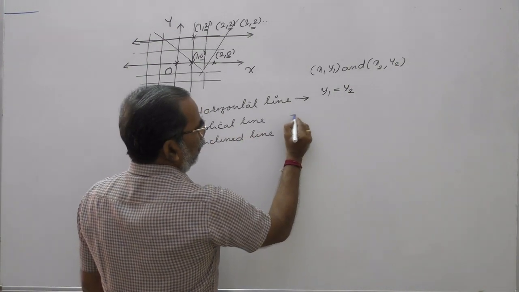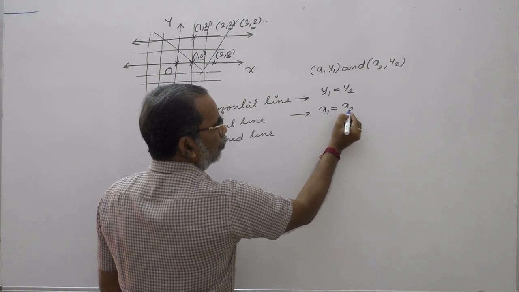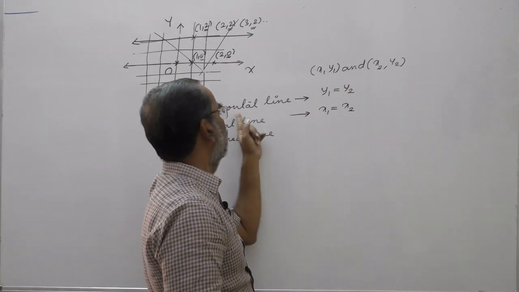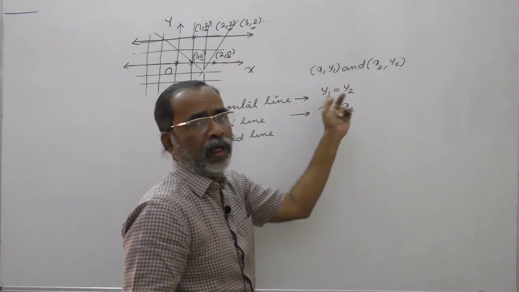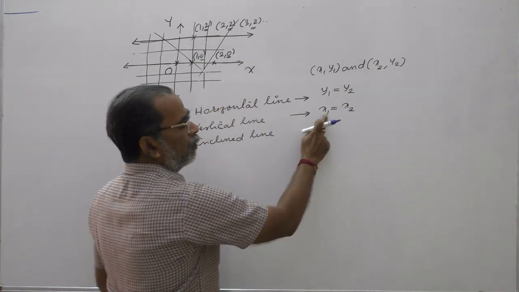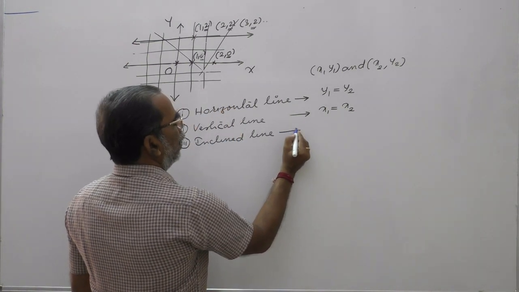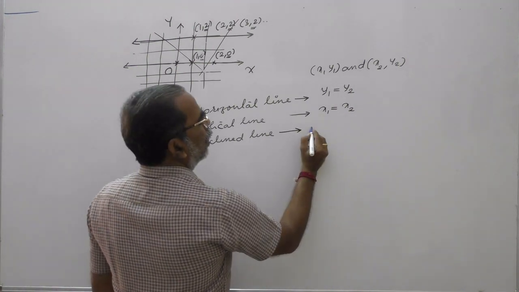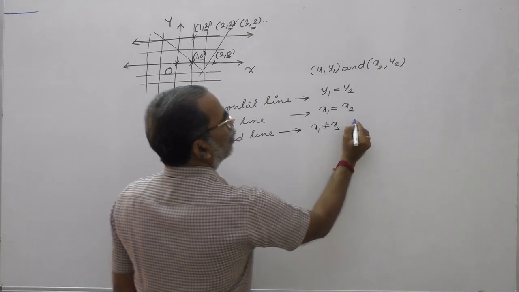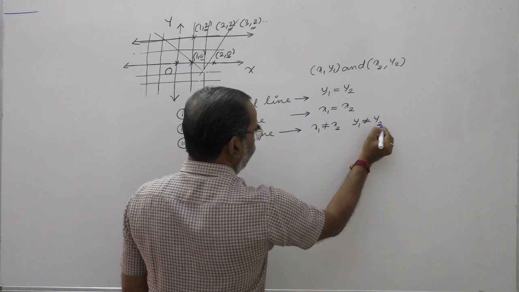If it is a vertical line, then x coordinates are equal, x1 is equal to x2, and y coordinates are different. For an inclined line, both will be different: x1 is not equal to x2 and y1 is not equal to y2.